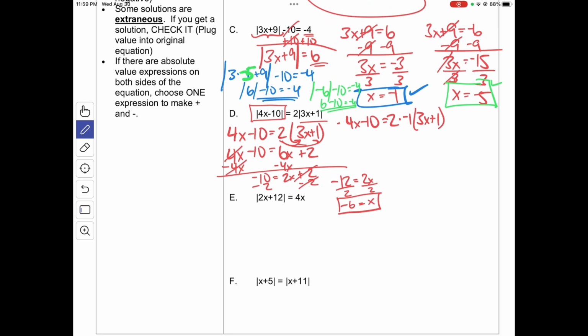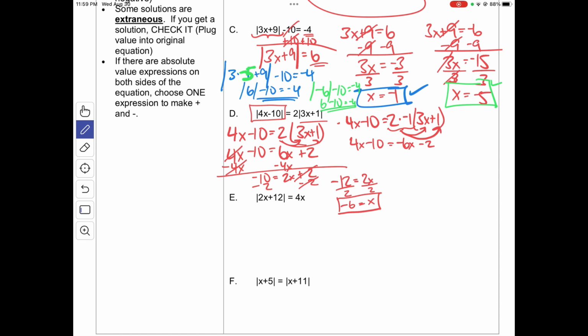I've got -2 times this quantity. So I need to take my -2 and apply it to the 3x. I need to take my -2 and apply it to the 1. So that leaves us with, we still have 4x - 10 on the left side of the equation. And on the right side, -2 times 3x is -6x. And -2 times 1 is -2.